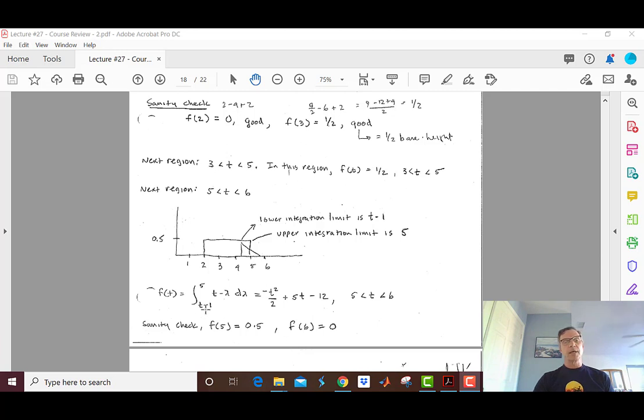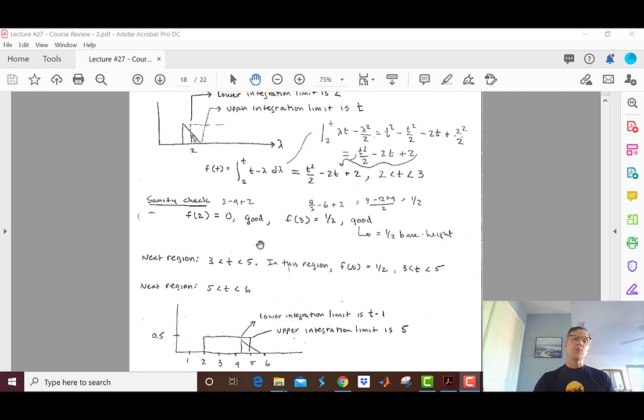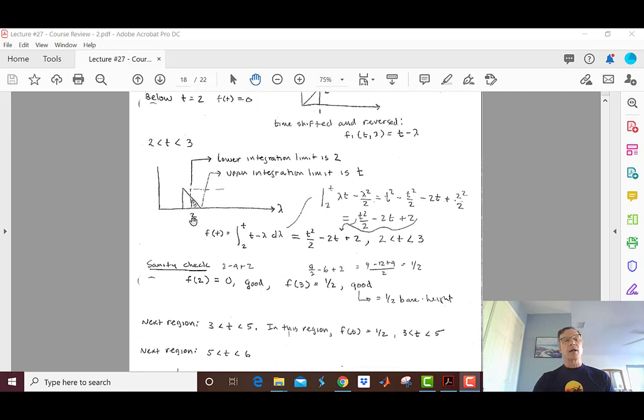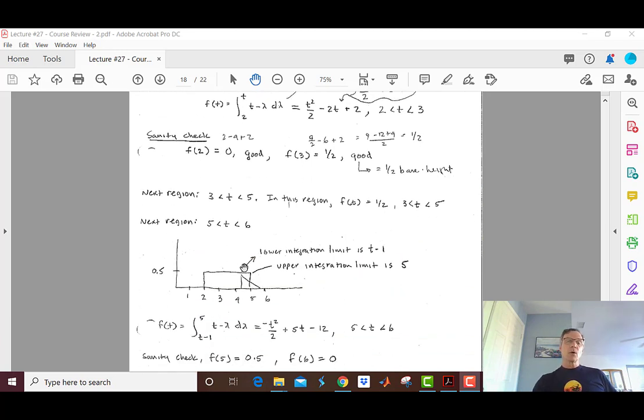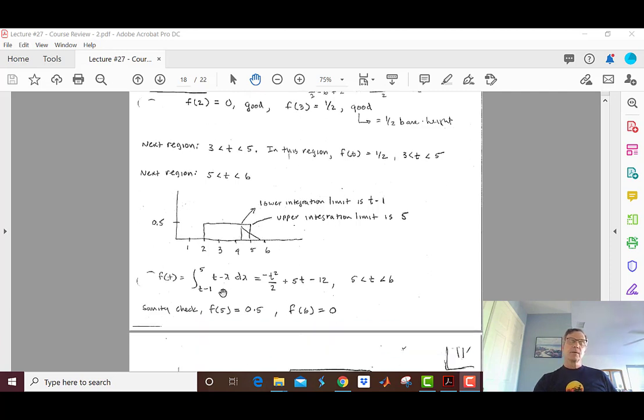So here's my lower limit, and my upper limit is 5. And you can see this is the opposite of what we had here. Here, the upper limit was changing with t, and the lower limit was staying constant. But here, the lower limit is changing, and the upper limit is staying constant.